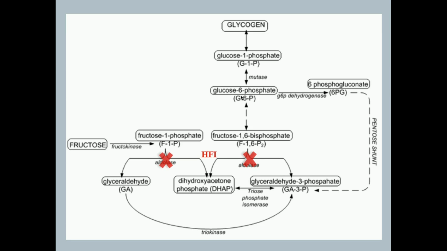But because we can convert glucose 6-phosphate ultimately all the way down to glyceraldehyde 3-phosphate, we can work around this block. And so the red blood cells will be okay. They can make ATP. And so we don't have a problem with making ATP. Our problem is primarily with fructose 1-phosphate being stored in large quantities in the kidney and in the liver. And then also that serious problem with fructose 1-phosphate inhibiting gluconeogenesis and glycogenolysis.